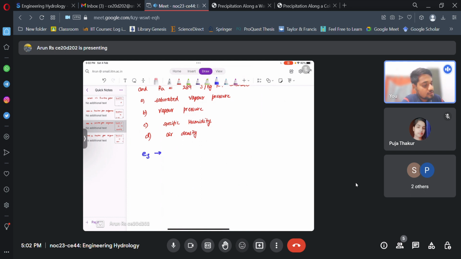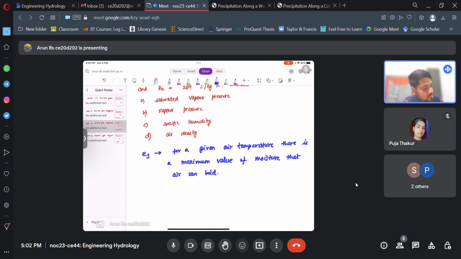This represents that for a given air temperature there is a maximum value of moisture that air can hold.